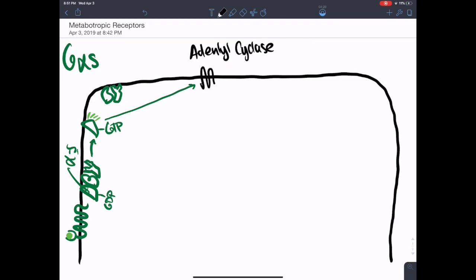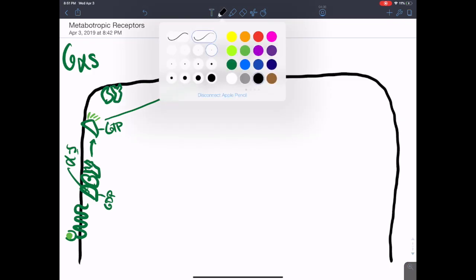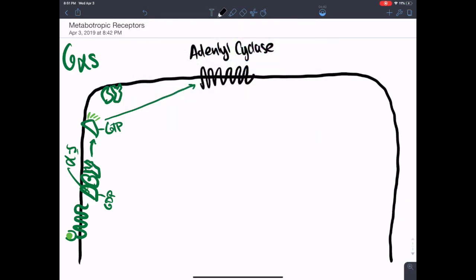Adenylyl Cyclase. So 1, 2, 3, 4, 5, 6, 7, 8, 9, 10, 11, 12. It's not super important that you know that. In fact, I wouldn't care too much about it. But one thing you should know is that the role of this Adenylyl Cyclase is to convert ATP into ADP.